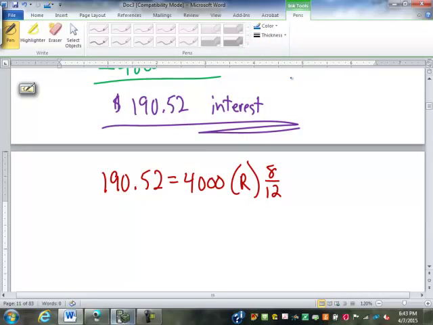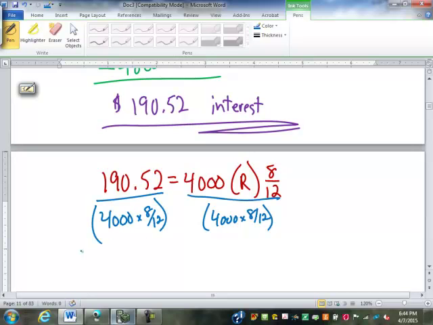So, to solve this, I'm going to divide by 4,000 times 8/12. The reason I'm going to do that instead of dividing it out is because it would give us an ugly decimal, and I don't want to round it off and punch it back in.